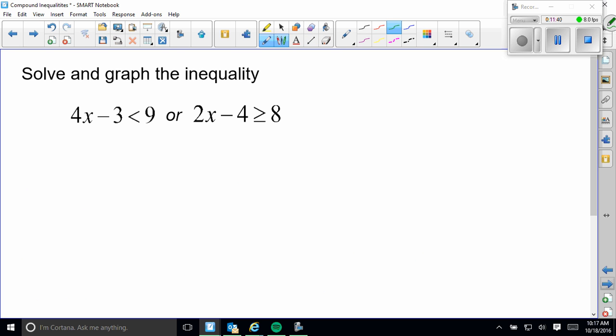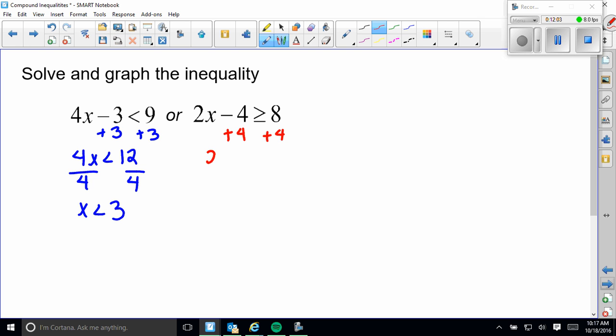Alright, we're going to solve one more. For this one, we have two separate inequalities, so we're just going to solve them as is. We're going to add 3 to both sides. Divide by 4. And then x is less than 3. Over here, we're going to do the same thing.